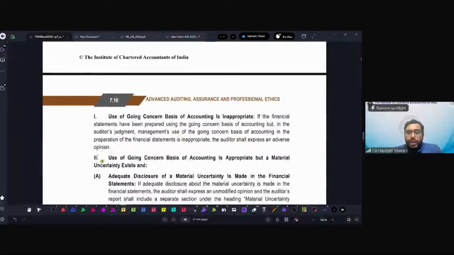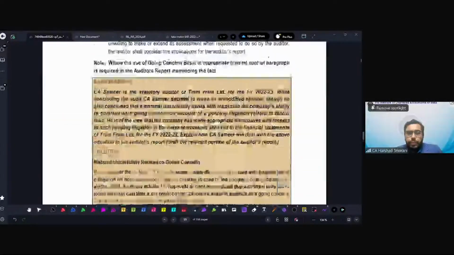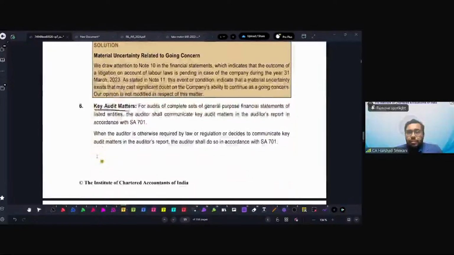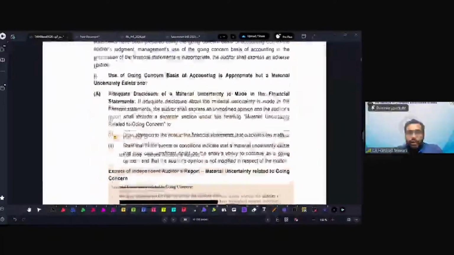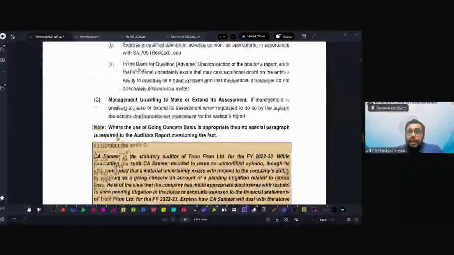Now coming to the next part, the paragraph on the key audit matters. We discussed going concern; now we will see the paragraph on key audit matters.